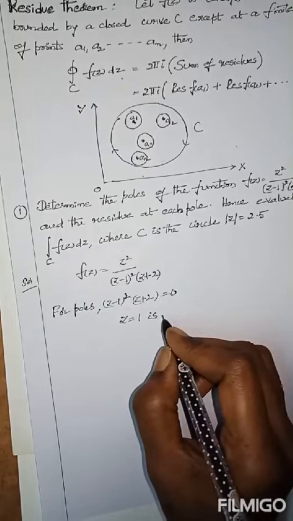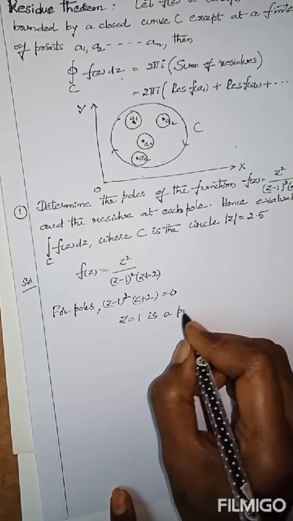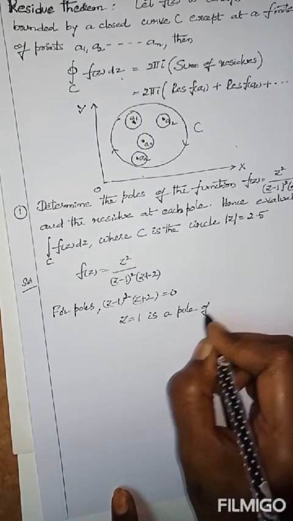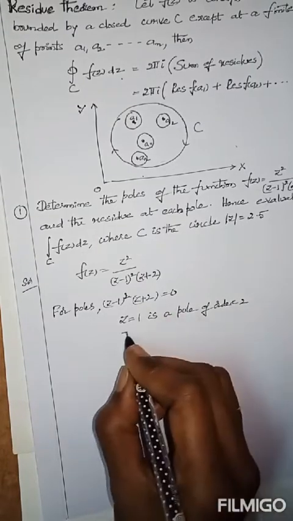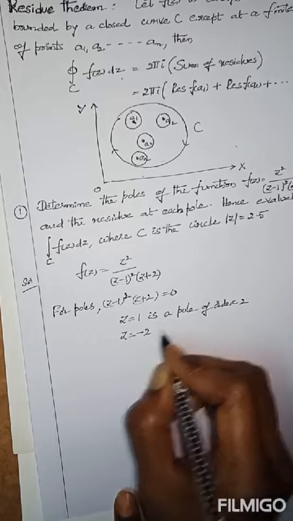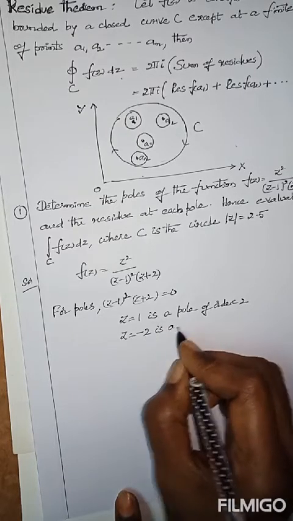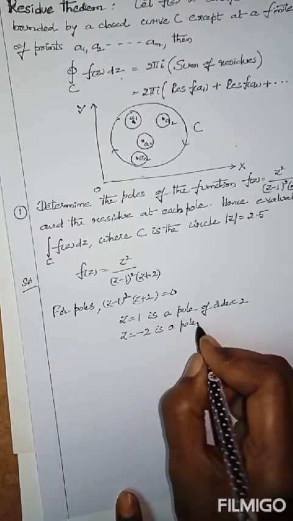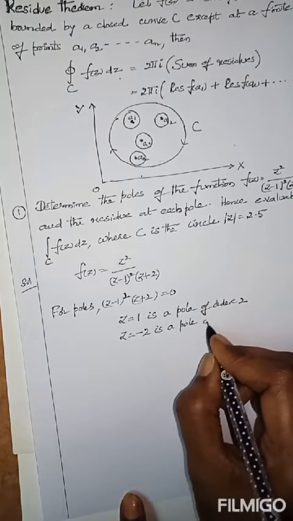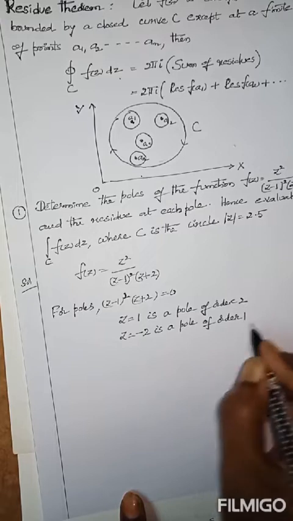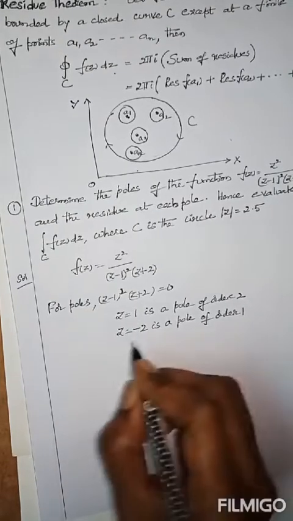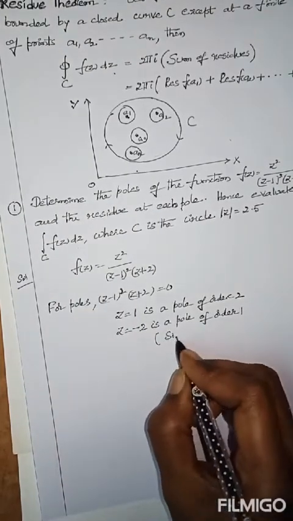So z equal to 1 is a pole of order 2. The second root, z equal to minus 2, is a pole. The power of this factor is 1, so it is a pole of order 1. First order poles are also called simple poles.